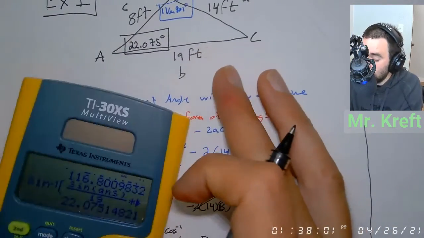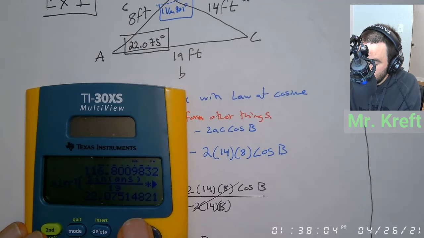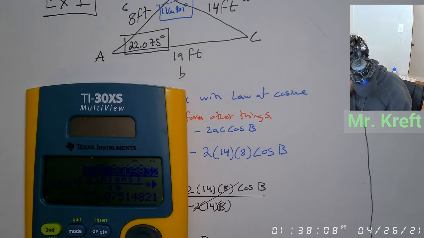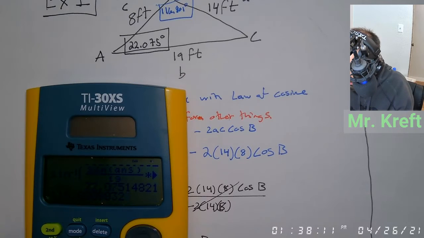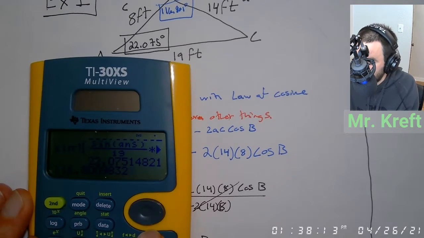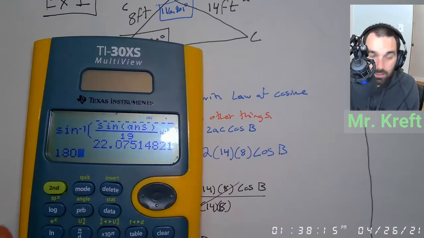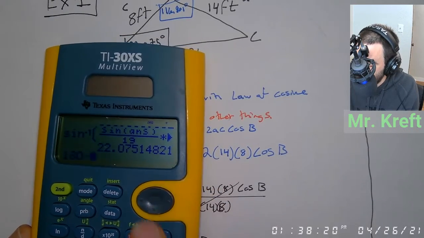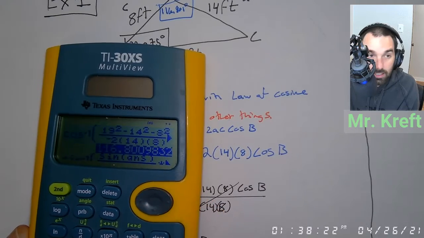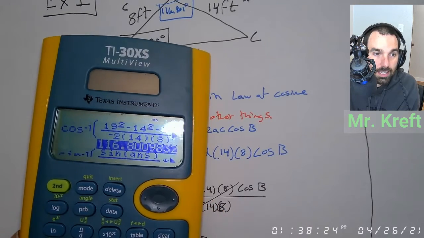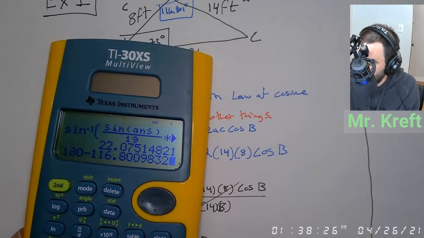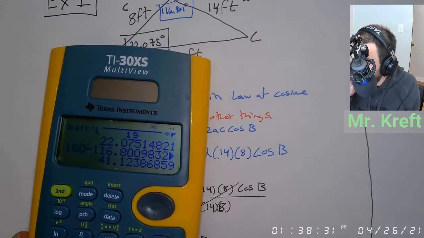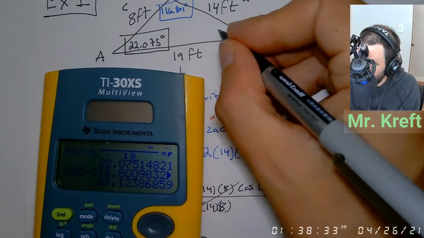Okay, and then to get my last one, I can just hit enter again. I'm going to go 180 minus, and I scroll up, highlight my answer, hit enter, then minus, then scroll up and hit enter, and boom, that's my exact answer for the angle.